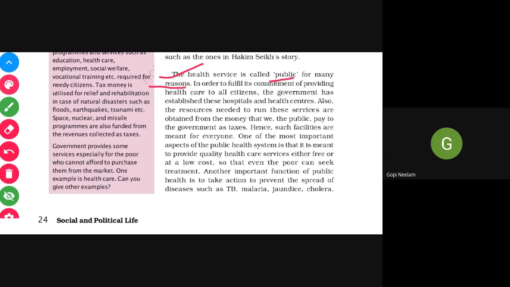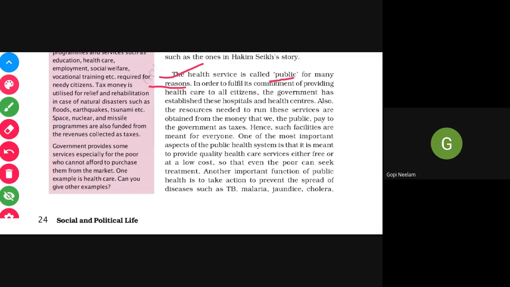In order to fulfill its commitment to providing healthcare to all citizens, the government has established these hospitals and health centers. Also, the resources needed to run these services are obtained from the money that we, the public, pay to the government as taxes. Do you understand? What it is saying is the health services are called public. Why are we calling it public?